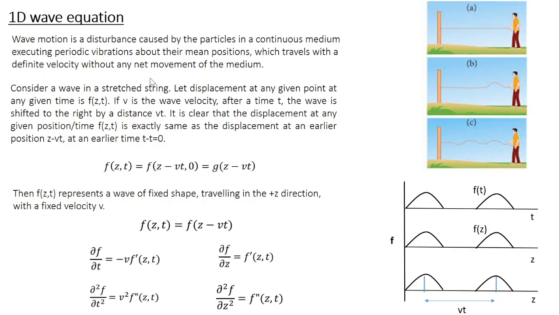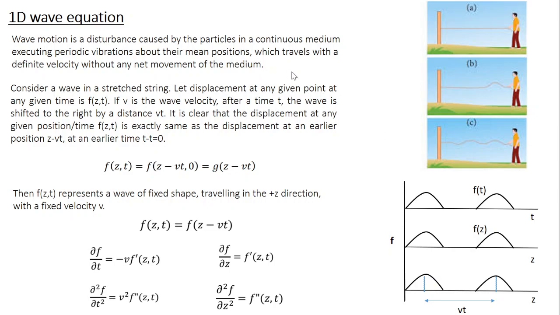The most important aspect is the last part, without any net movement of the medium. So if you look at waves on a stretched string, you will find that the points on the string are not moving along the string, only the disturbance is moving along the string.